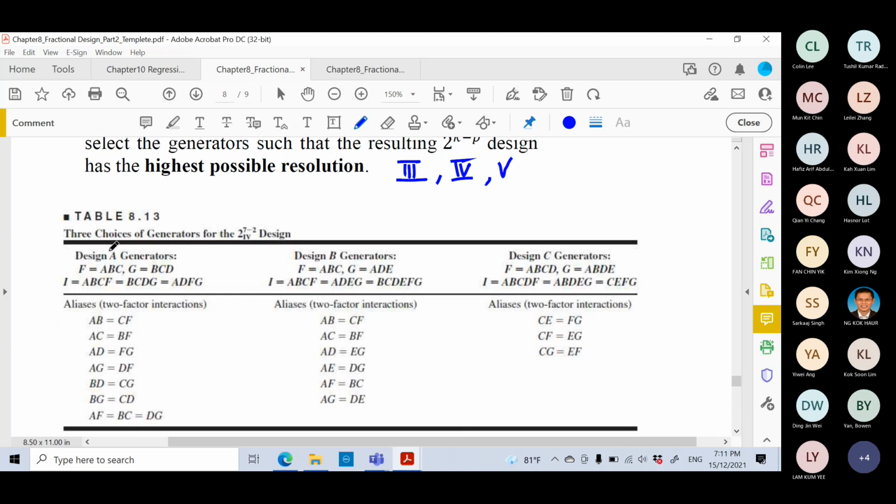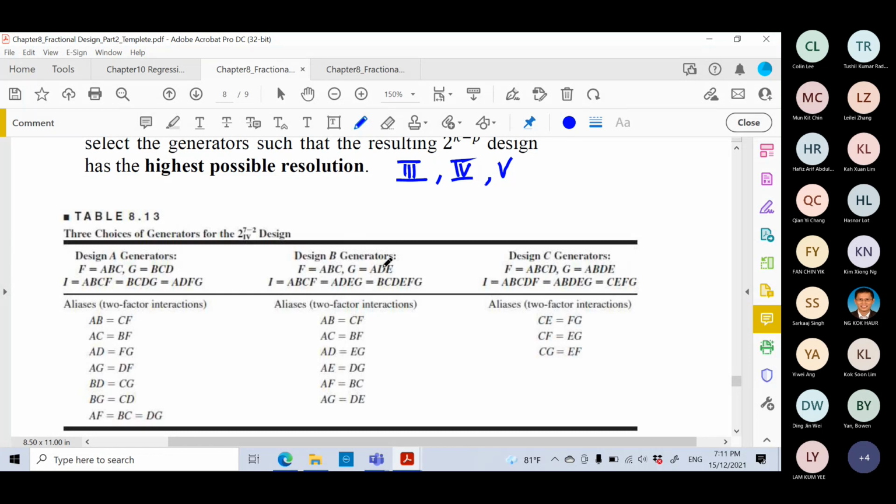So over here, you can observe it. In design one, I choose the generators F equal to ABC and G equal to BCD. Because this is a 1/2 fraction run, you have an alias structure here. You have I equal to ABCF and so on. So we have another choice of generator.